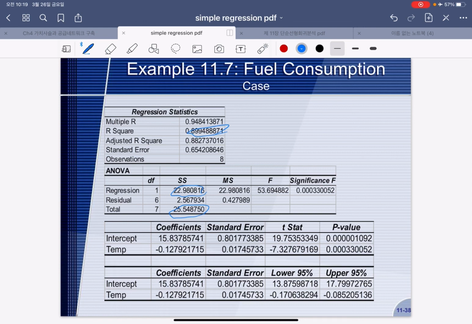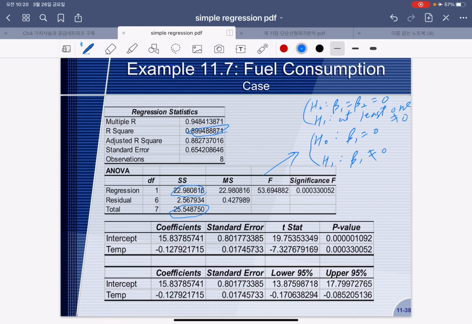So for the simple regression, the null hypothesis is beta 1 is equal to 0, and the alternative is beta 1 is not equal to 0, since we have only one independent variable. If we have two independent variables, then the null is that all the coefficients are equal to 0, and the alternative is that at least one is not equal to 0.